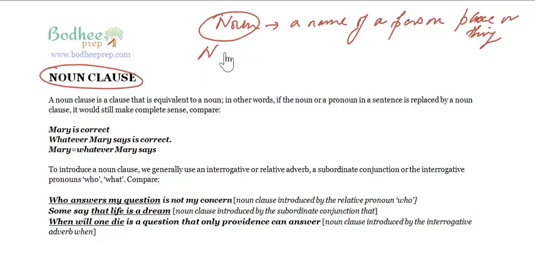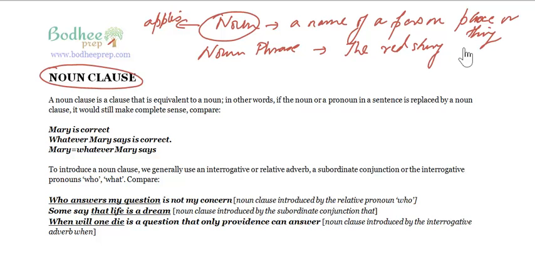Then we had a little something more about that. We have a noun phrase, correct? So apart from the noun, we also have something more to it, right? So if I have a noun and that noun is apples, then I can have the noun phrase as the red shiny apples, right?